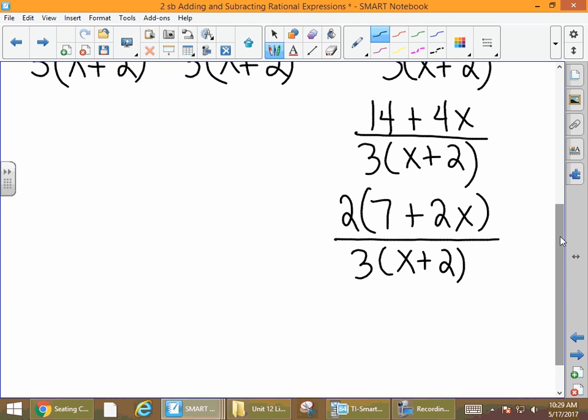No. So you can leave your answer as 14 plus 4x over 3 times the quantity of x plus 2. Or you can write 2 times the quantity of 7 plus 2x over 3 times the quantity of x plus 2. Either one of these is a correct value for our added fraction.